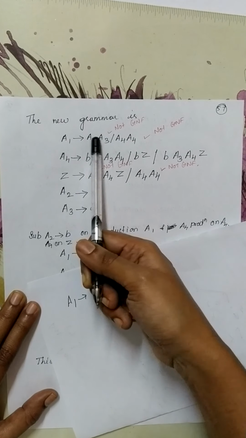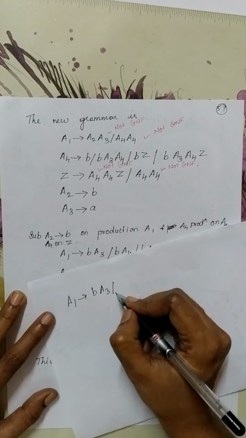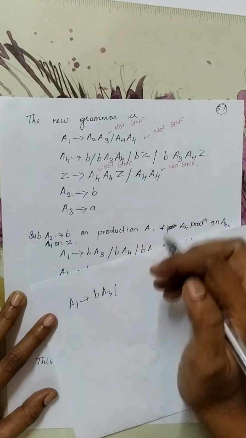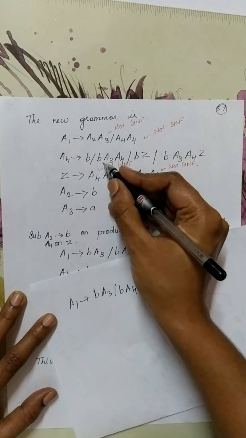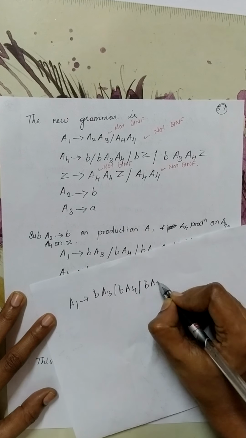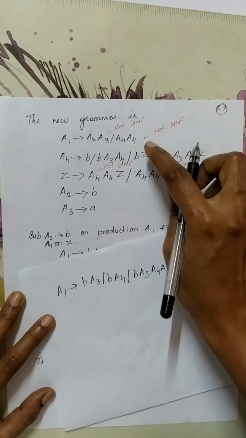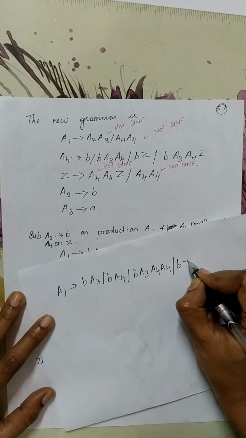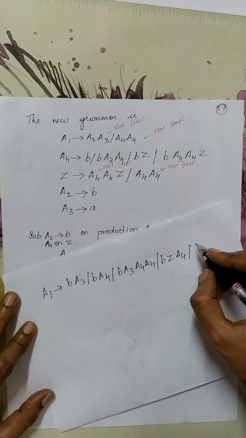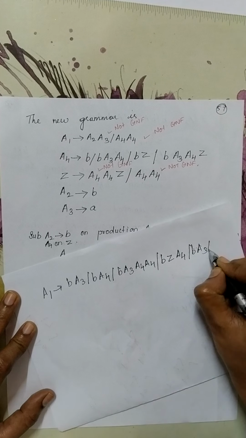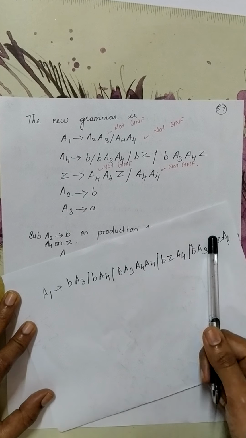In the place of A2 we are substituting this B. So that is B, A3, or then in the place of A4 we are writing B, B, A4 or B, A3, A4, A4, then B, Z, A4 or then B, A3, A4, Z, A4. So in this way we are writing the productions of A1.